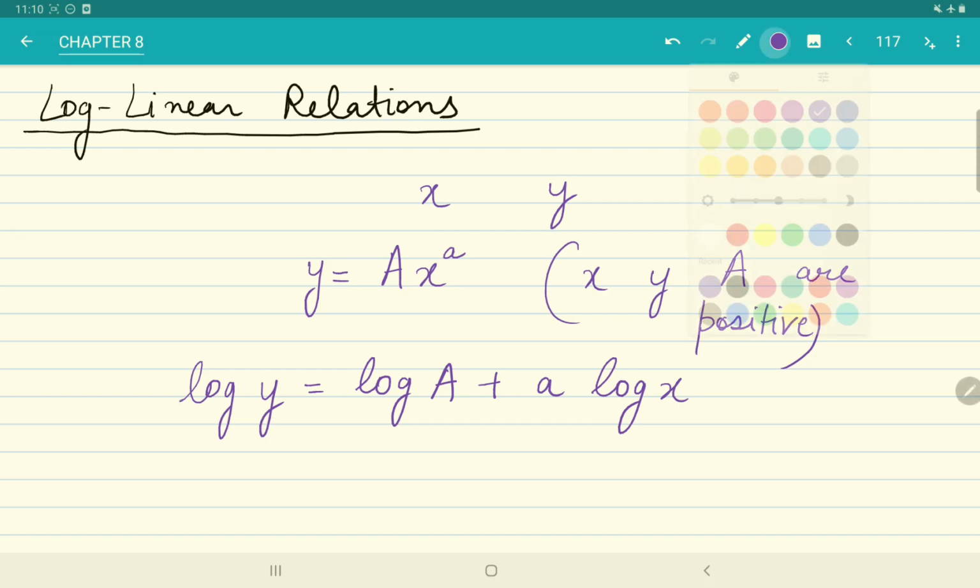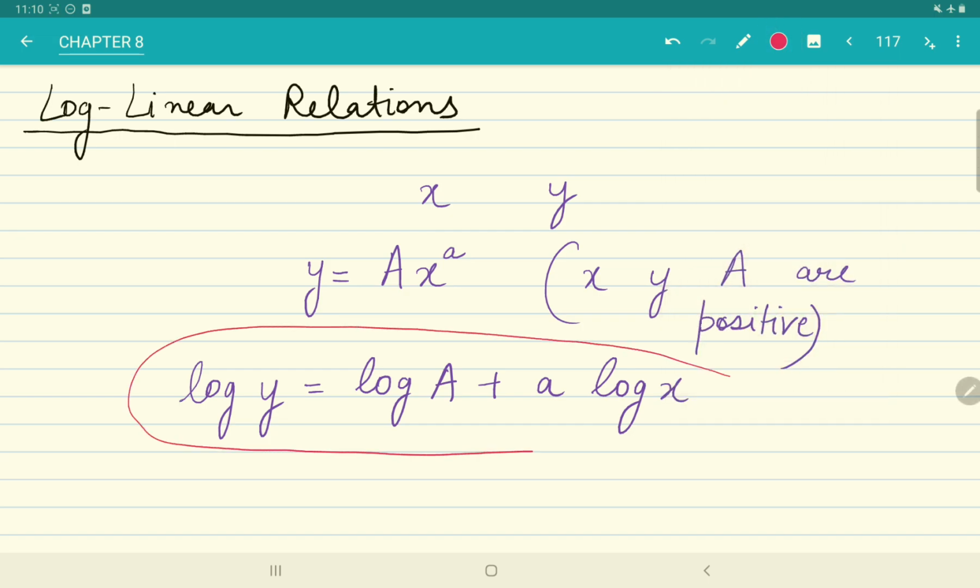So if I take a look at this, here we have log y as a linear function of log x, and this is what we call a log linear relationship between x and y. So this is a log linear relation between x and y.